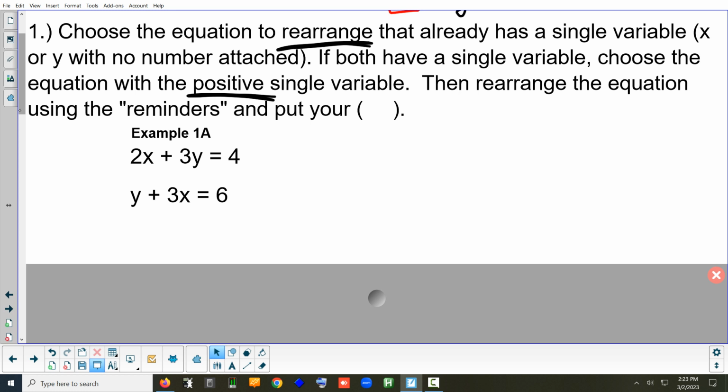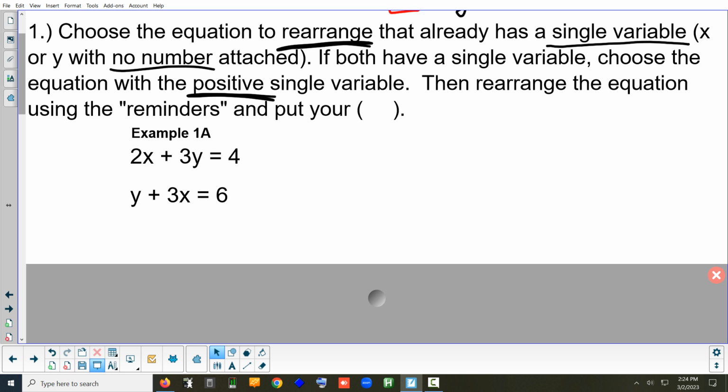Is there an equation here that has a letter without a number in front of it? Yes, the bottom equation has a letter that's just a single variable. There's no number attached to it. So the bottom one. And can somebody else tell me which letter in the bottom one doesn't have a number attached to it?